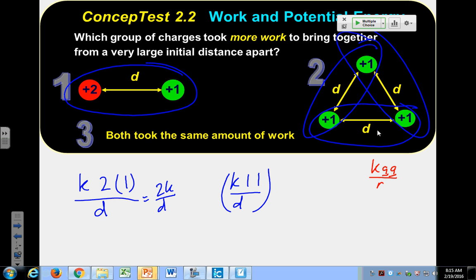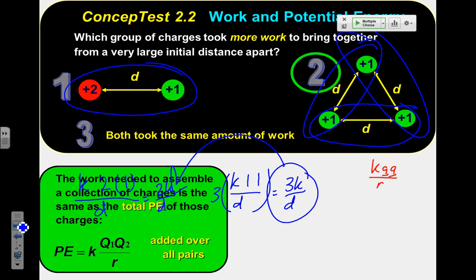So the total potential energy is that times 3, or 3K over D. So this is bigger, so it takes more energy to assemble these 3 smaller charges than it does to assemble the 2 and the 1 Coulomb charge. So B is the right answer there.